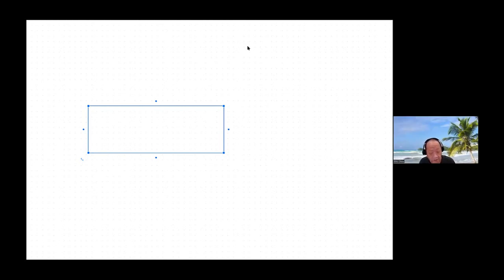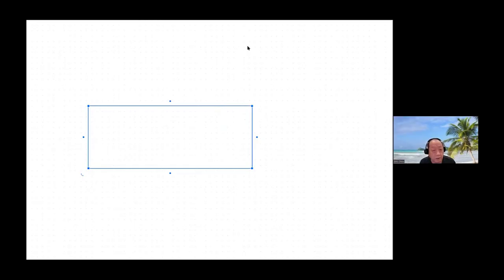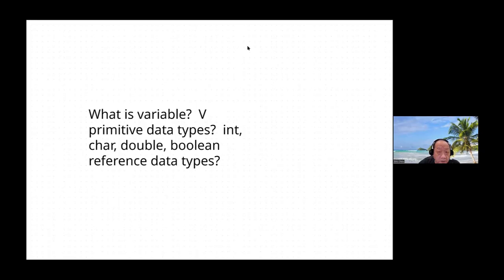So primitive data types are things like integer, char, double, boolean. These are primitive data types. Primitive data type means you have a variable. Let's assume you have int a equals 3.